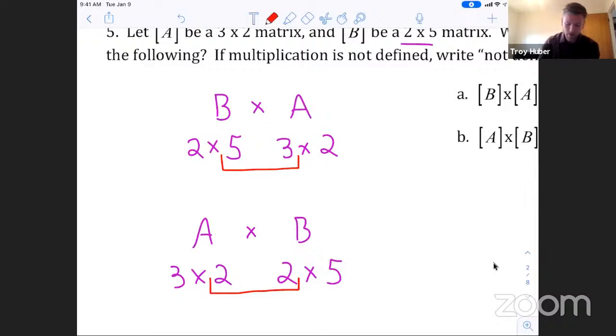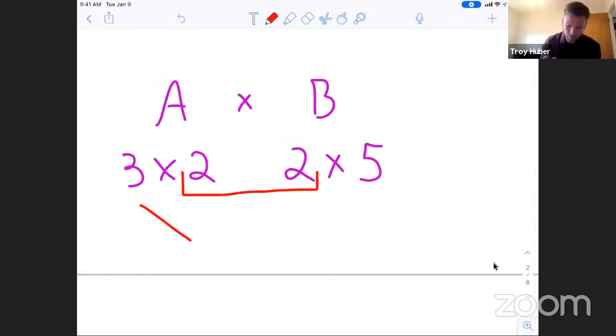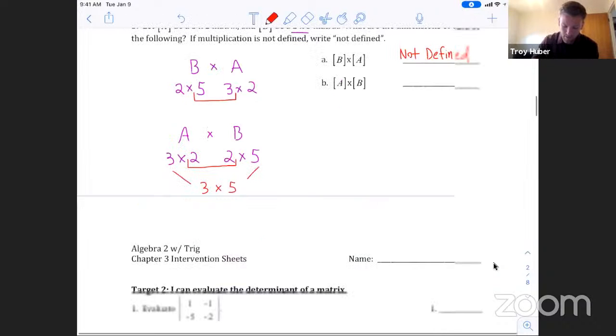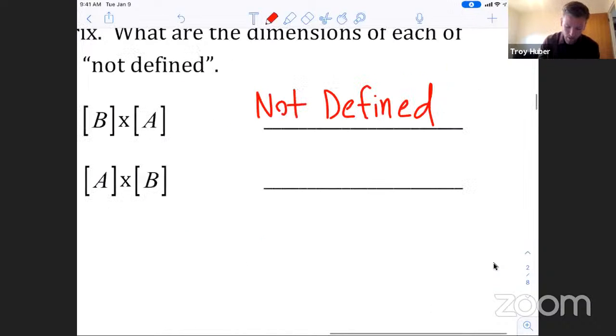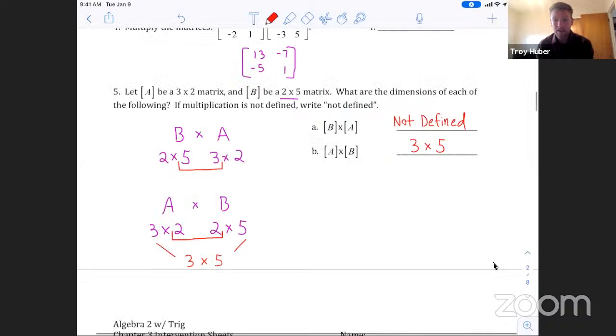Well, your answer is these other ones, so it would be 3 by 5. Your solution matrix would be a 3 by 5 matrix. So I'm just going to write 3 by 5 matrix. And that's all there is to number 5.